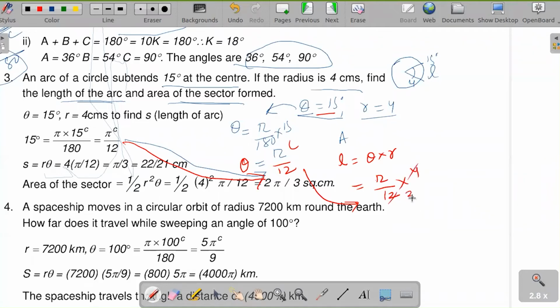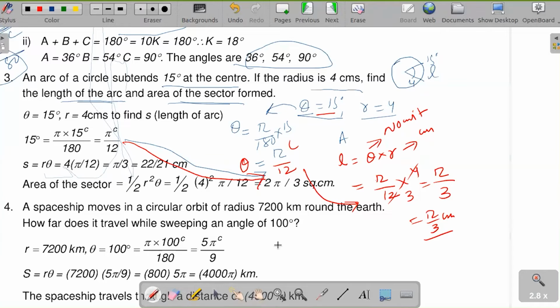So it cancels out, and this is pi by 3. What will we say, radian, centimeter, what? Radian? No, this has no unit, but this has centimeter. So it is pi by 3 centimeter.